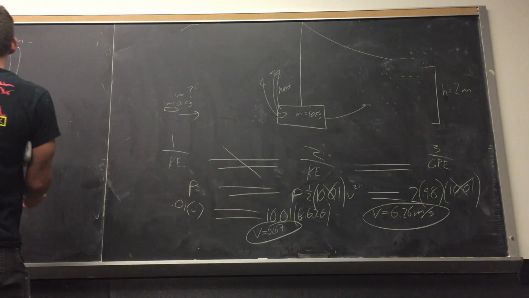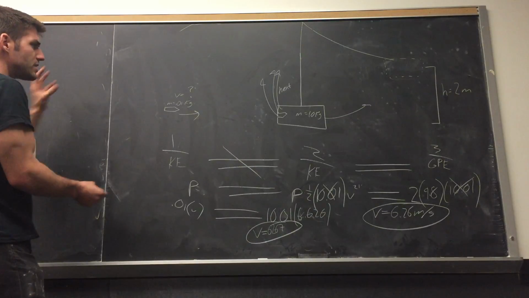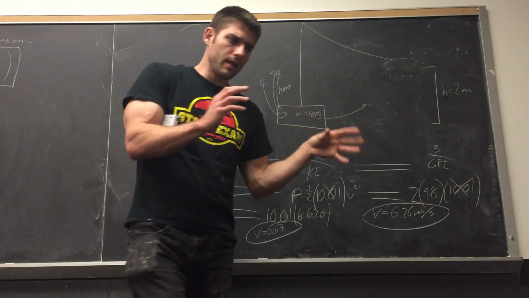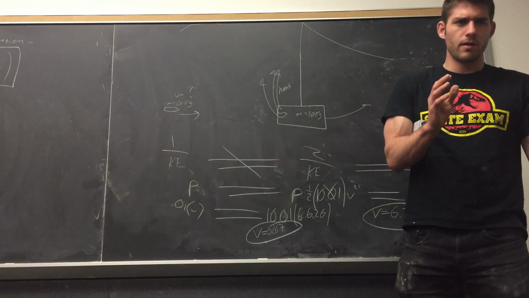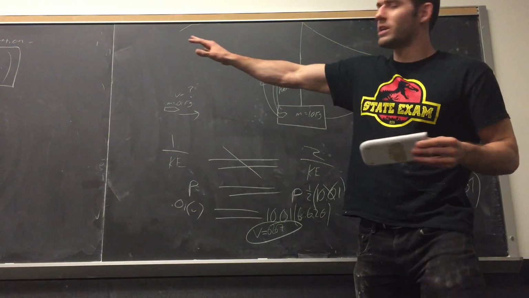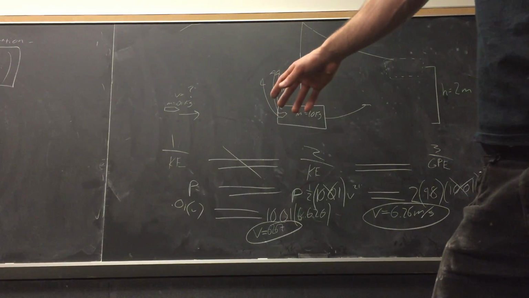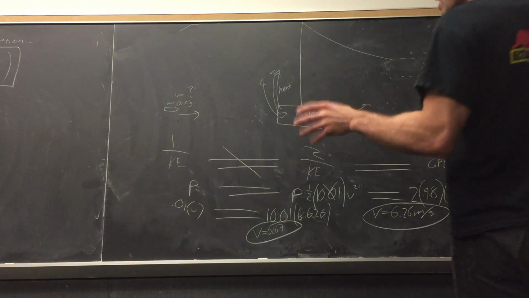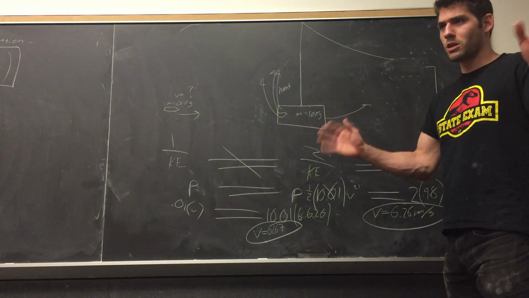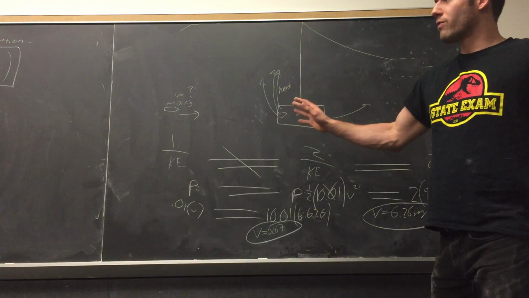And this here is only for inelastic collision problems. If you deal with a kinetic energy conservation problem, which I haven't seen any yet, but Mastering Physics sucks. So if you don't come across any kinetic energy collision problems, great, don't forget about it.